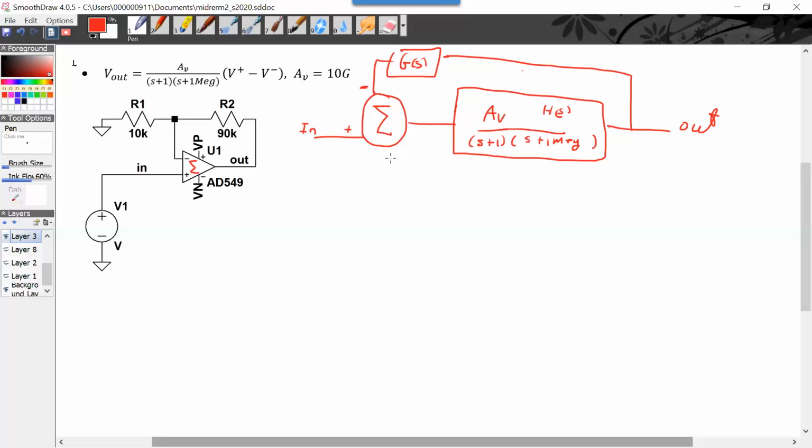And then we would have a G(s) feedback function being subtracted. All right. Well, what is G(s)? Well, if you look here, I minus equals 0. And so if we call that Vx, and that's V out, let me just draw it in an easier way to see.